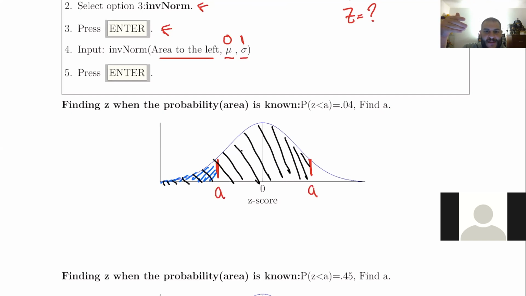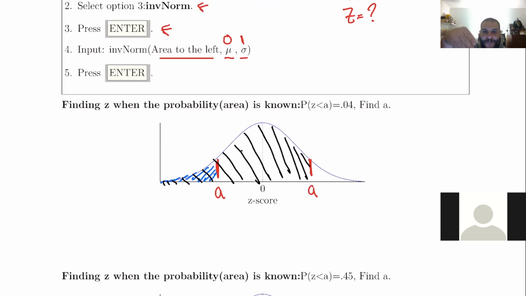It should be blue because the black one is way more than 4%. If you look at it, it crossed the halfway mark, so that means it's more than 50%. That doesn't make sense because 0.04 is 4%, so it shouldn't cover more than 50%.